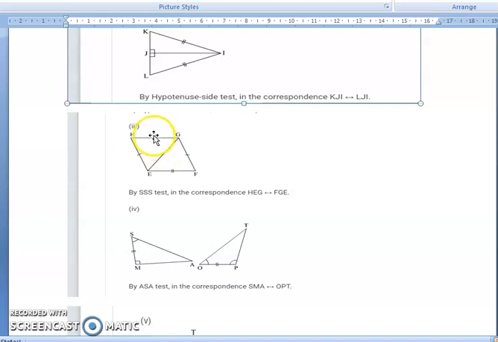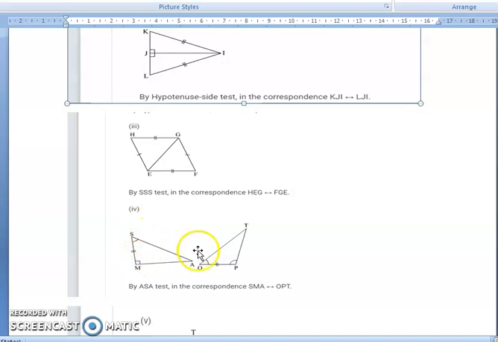So three sides of this triangle are congruent to three sides of the other triangle, and therefore the two triangles are congruent by the SSS test, and the correspondence is HEG corresponds to FGE.